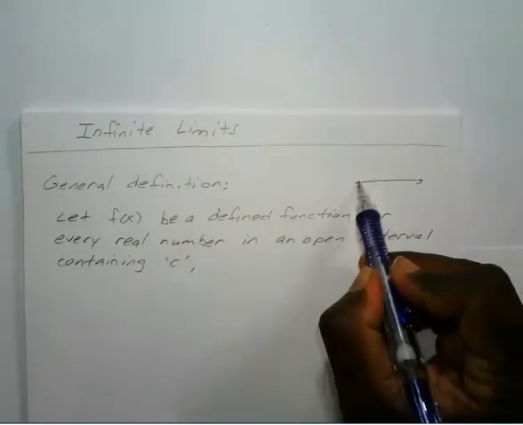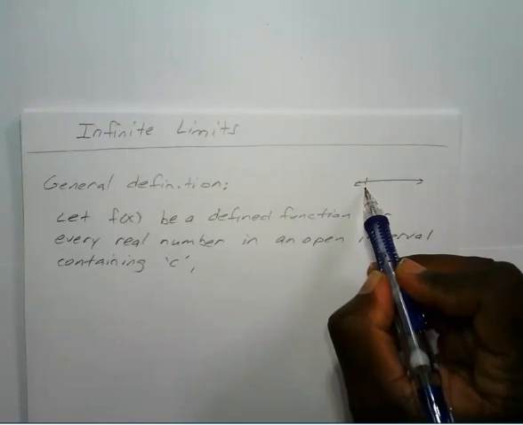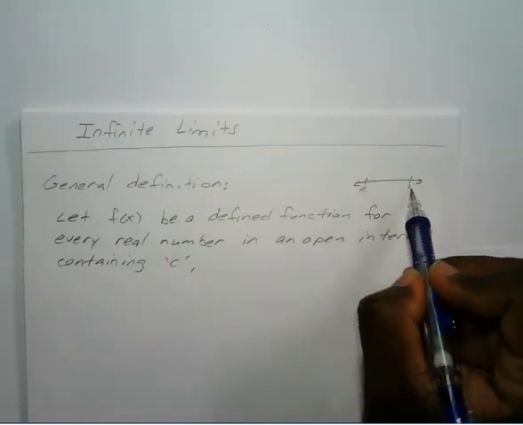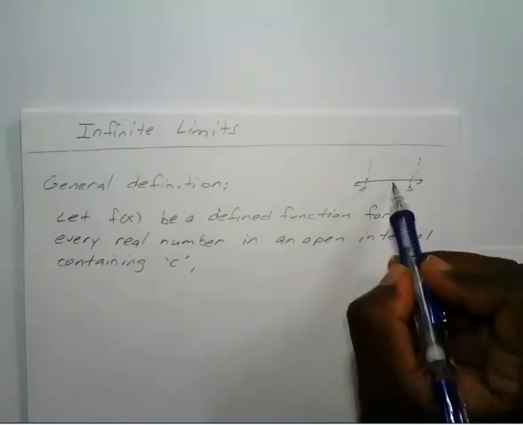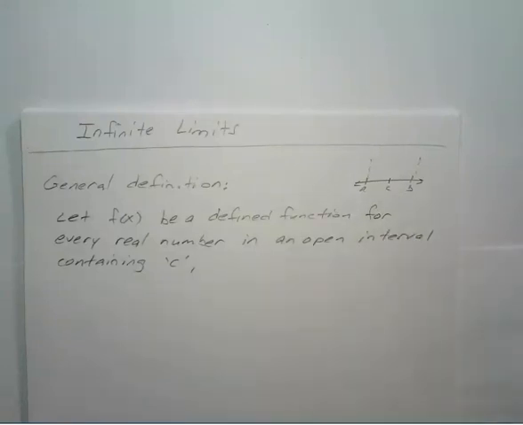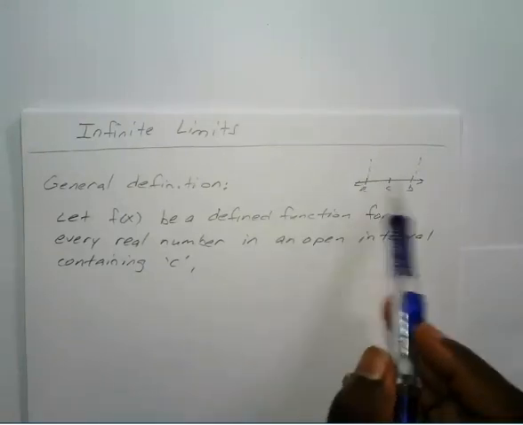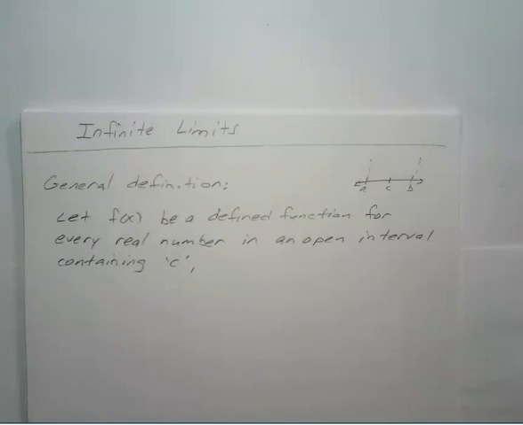In an open interval, let's say you have some value a, some value b, and there's some c right in the middle. Or it doesn't have to be in the middle, it can just be in between a and b.